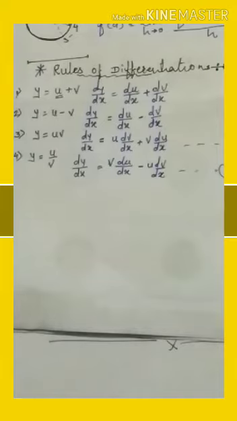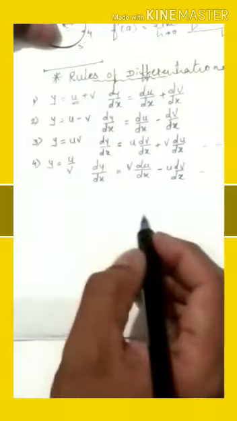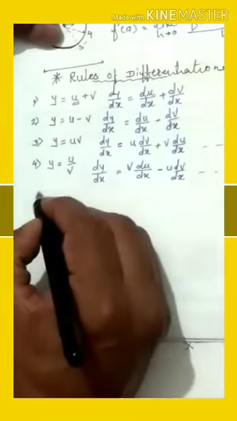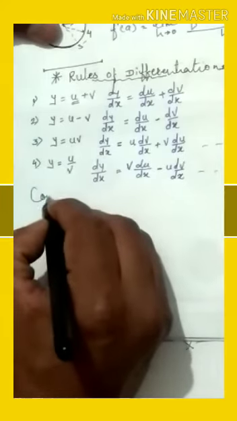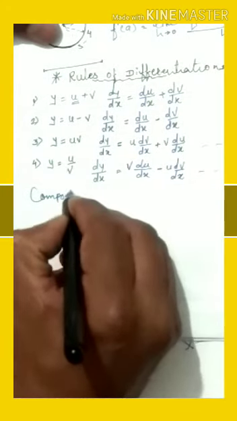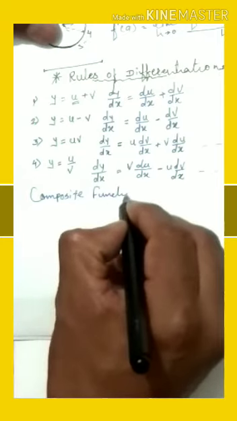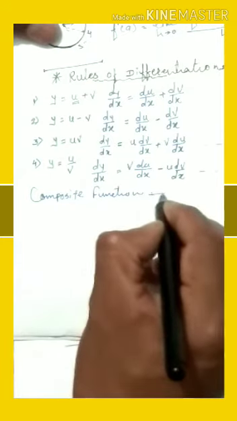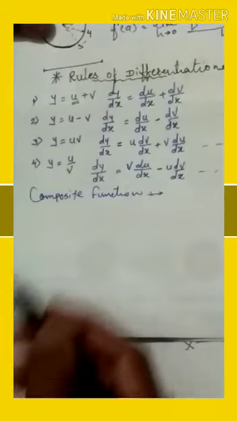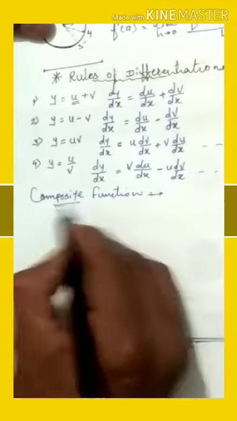This is related to composite functions. Before dealing with the theorem of composite functions, let me first explain what we mean by a composite function. The word itself is expressing its meaning.